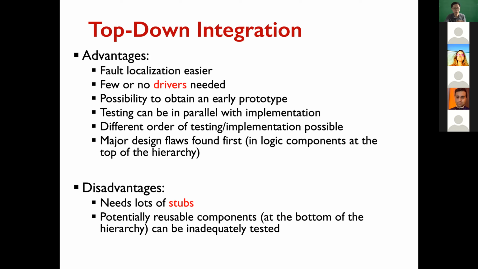And we can find the major design flaws first. The major design flaws usually happen at a higher level, so we can find those first. But there are some disadvantages. The first one is we need lots of stubs, because when we test the high level units, they depend on lower level units, but lower level units are not available, so we need many stubs.